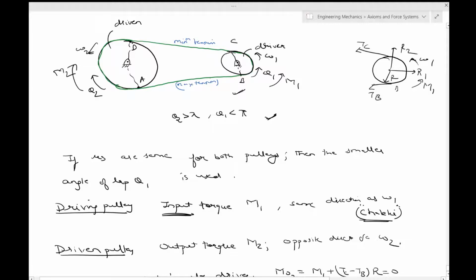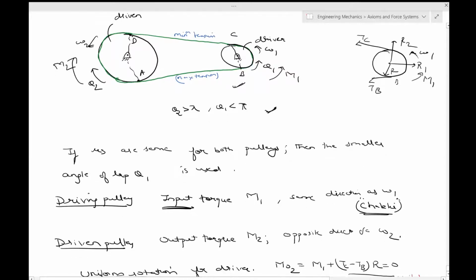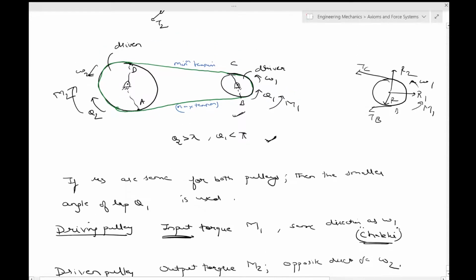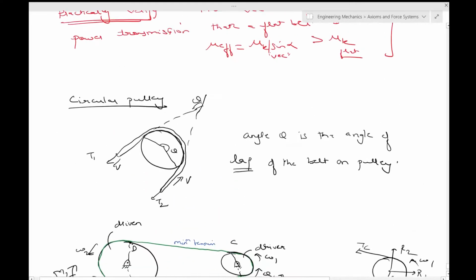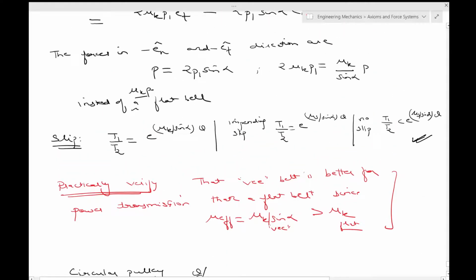Maximum pressure on the pulleys is at B, and the minimum is clearly at C. And for that, you have to just look at this expression.